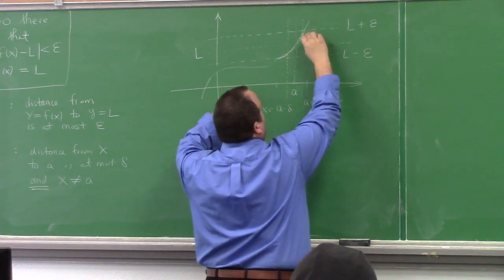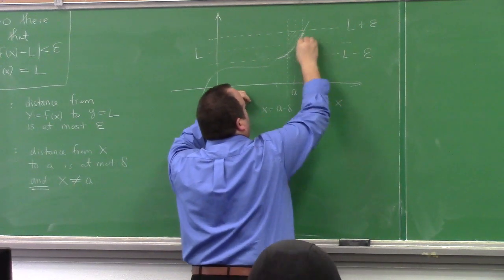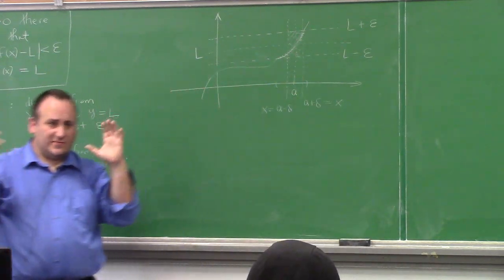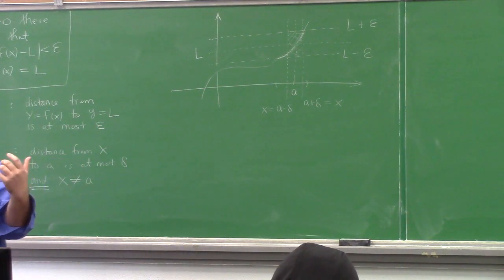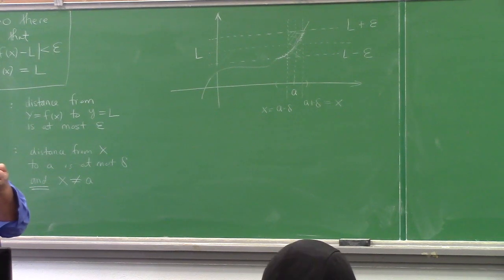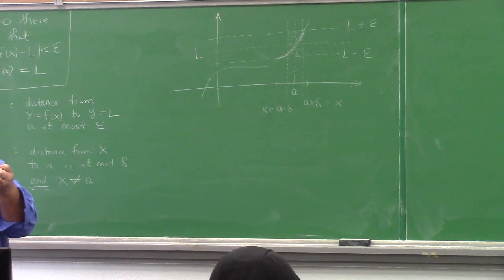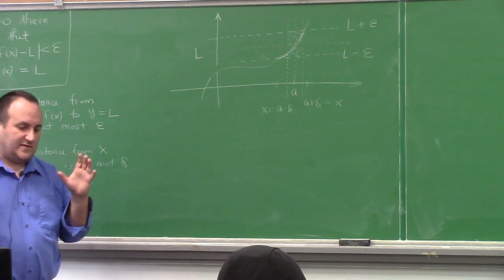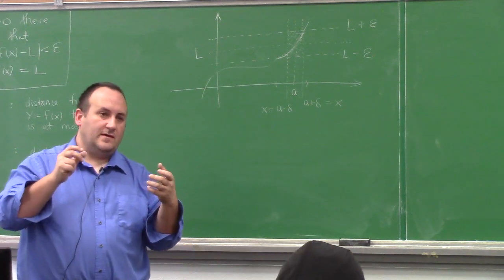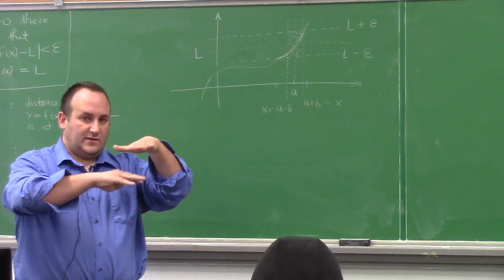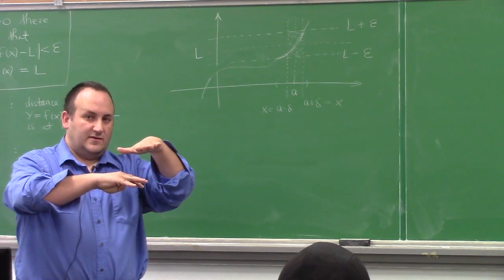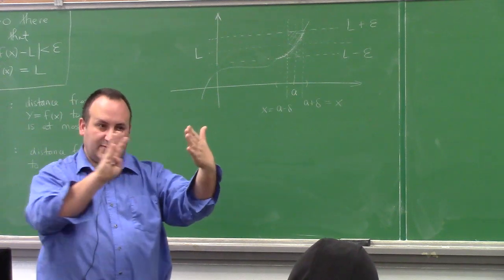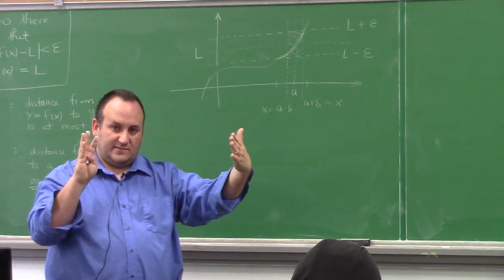So if you look at just this little zoom window, you can see that the graph of the function is in there, right? And so that's what this means for the limit to exist. Basically, if the limiting value is L and you look at y values close to L, you can force the graph to be within this little view window if you squeeze the x down far enough.